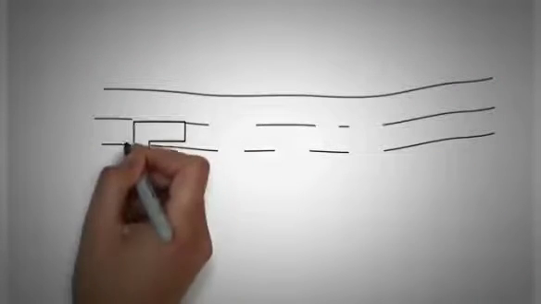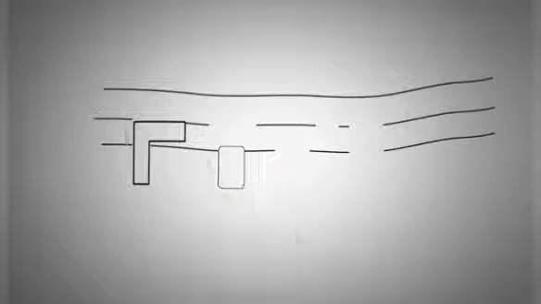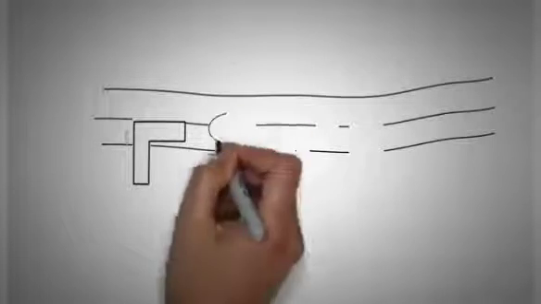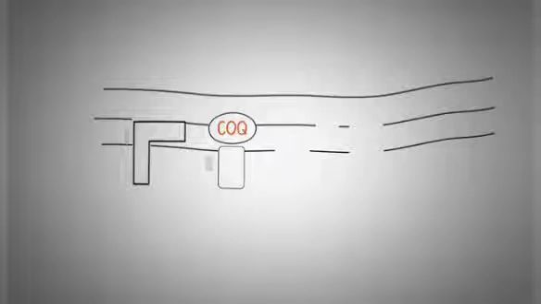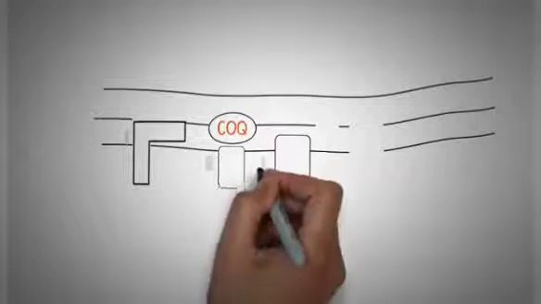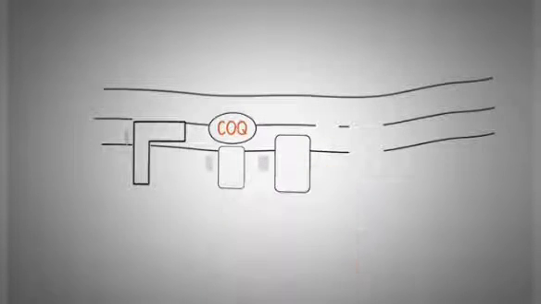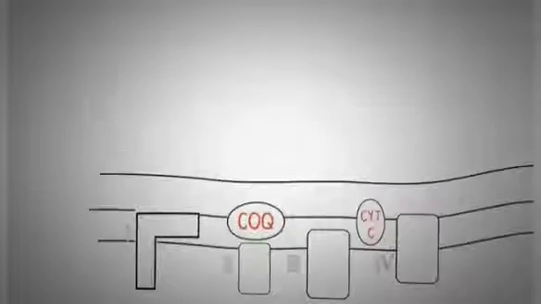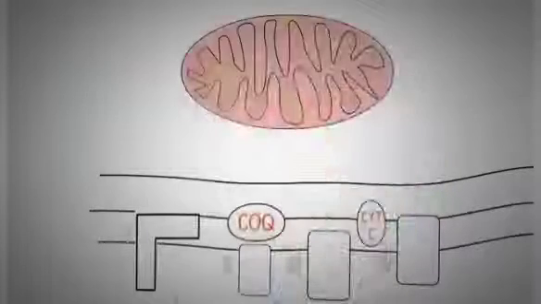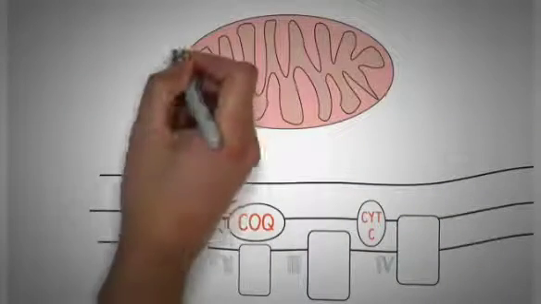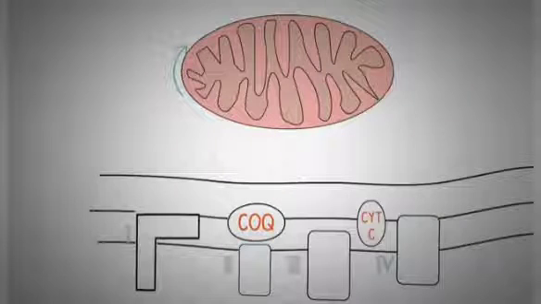So let's try to understand how the electron transport chain actually works. Here is an illustration which depicts the membrane structure of the mitochondria as well as the organization of the various electron chain complexes. When we compare it to the structure of the mitochondria, we can see that here is the outer mitochondrial membrane.